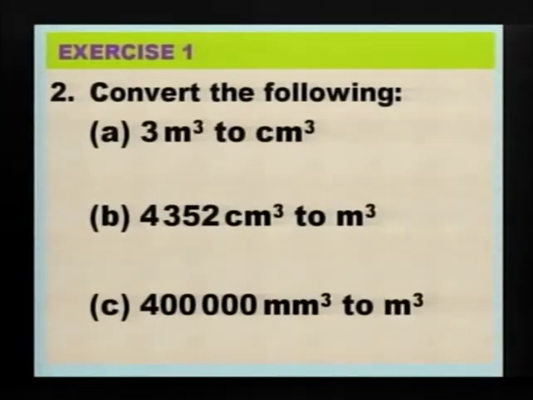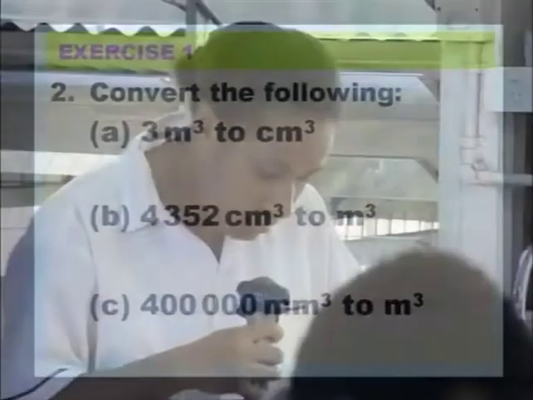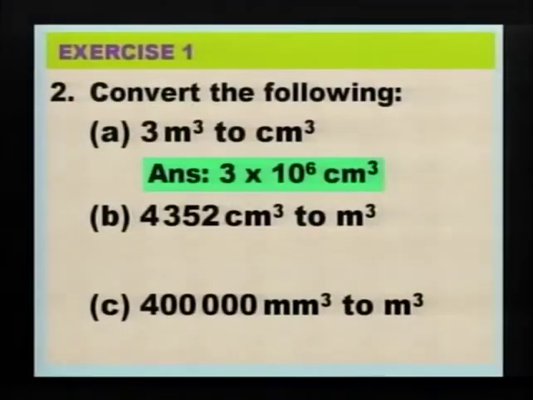Okay. Number 2, we're now looking at the units of volume. Letter A, 3 cubic meters to cubic centimeters. Miriam? 3 million cubic centimeters. Okay, 3 times 10 to the power of 6 cubic centimeters.